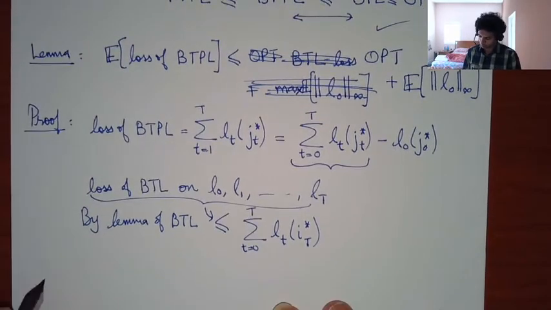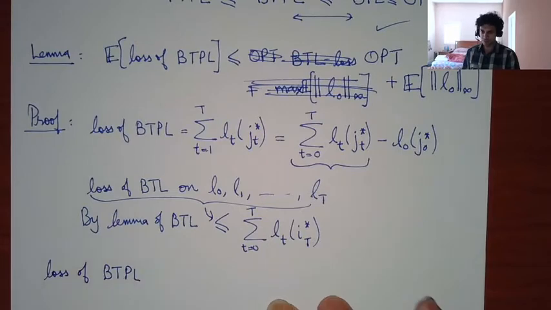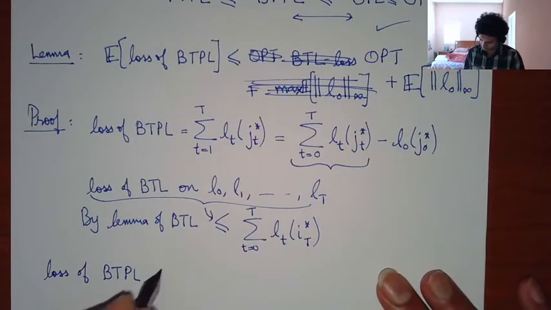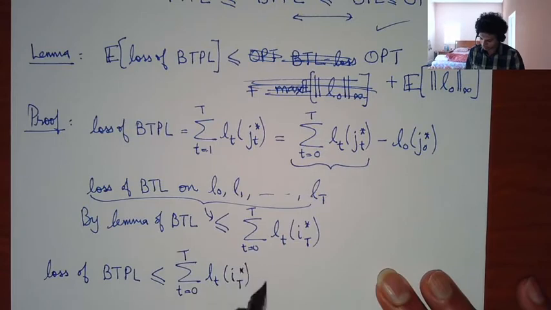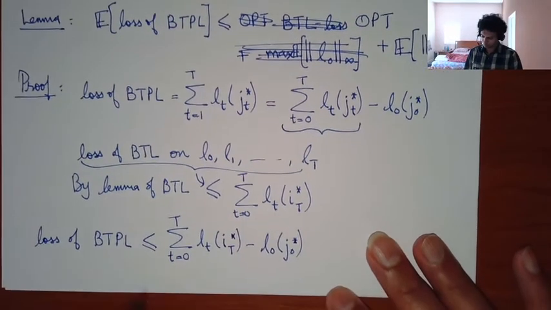So just to put it together, I'll say this is loss of B the perturbed leader is at most the sum of t going from 0 to T of LT IT star minus L0 J0 star.